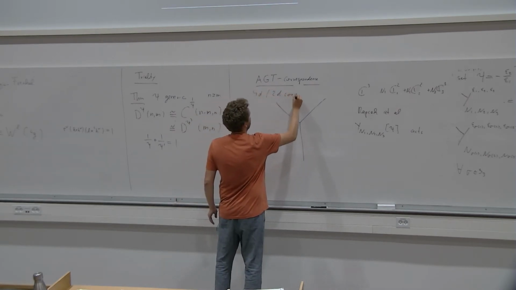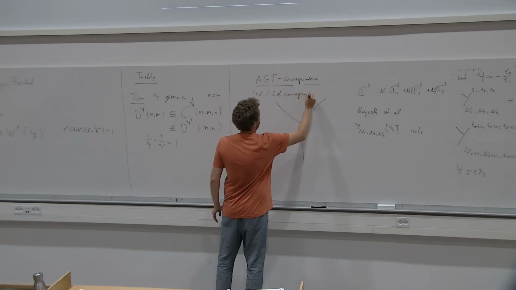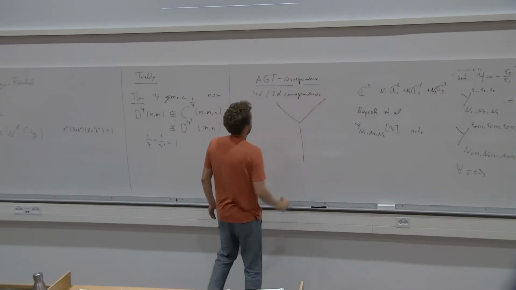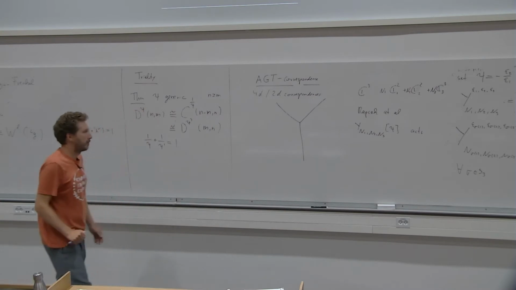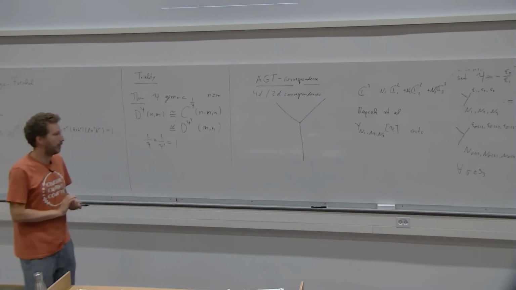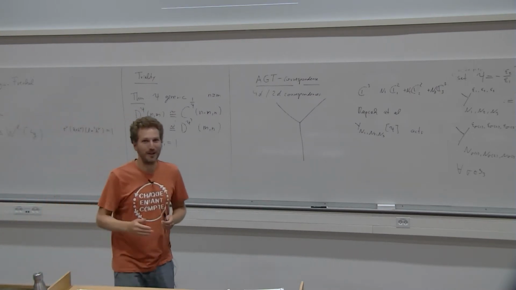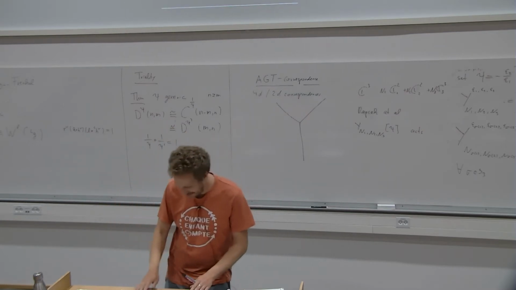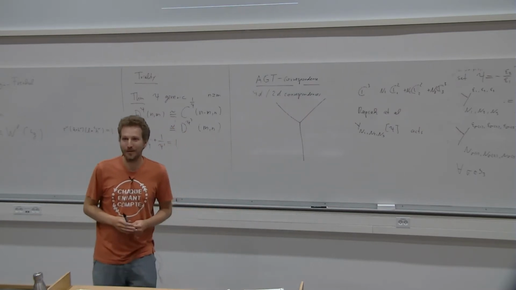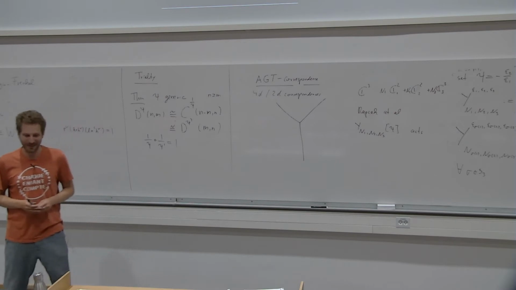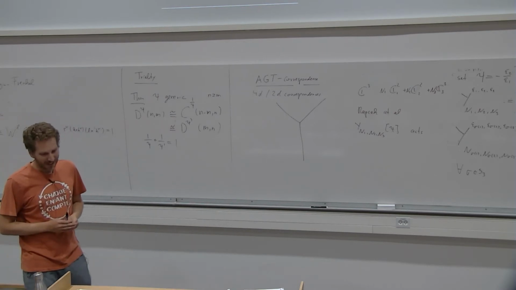That's the slogan. So you want to study four-dimensional quantum field theories that are maybe not totally realistic. If you give a talk to a physicist, you always get very quickly criticized: yeah, this is not a realistic thing. Anyway.